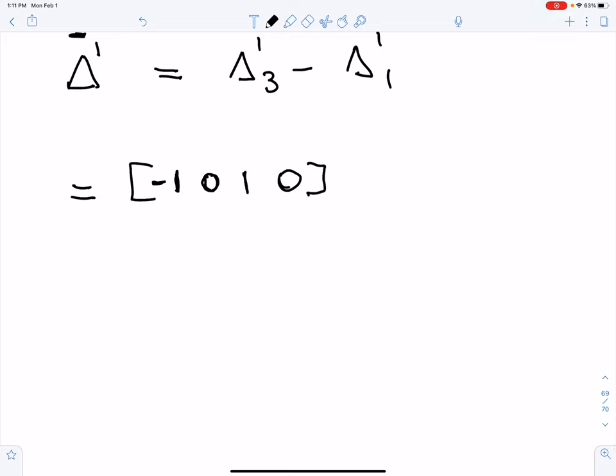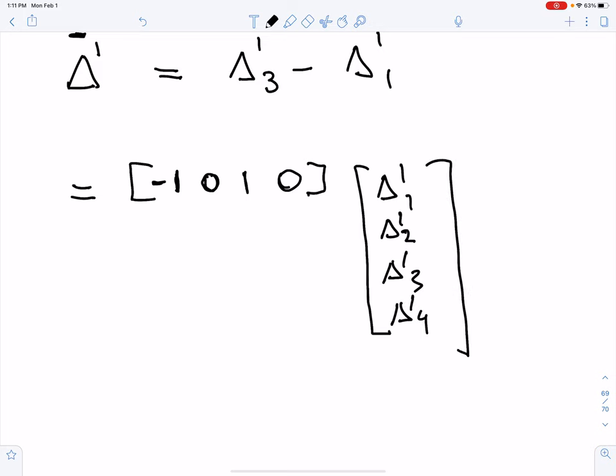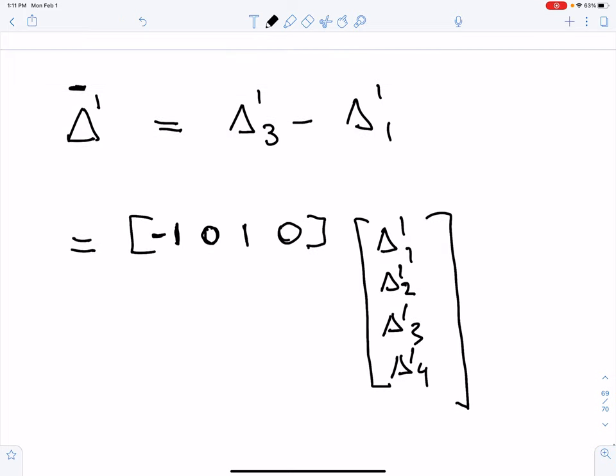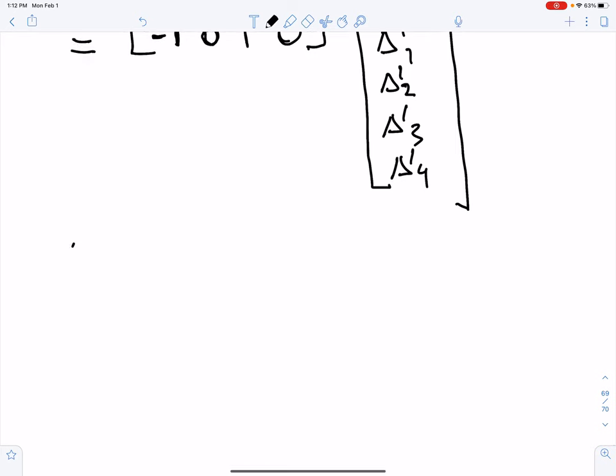And so that row vector multiplies the column vector of the prime displacements, delta prime 1, delta prime 2, delta prime 3, and delta prime 4. Okay. We can do it this way. And so now, although this is a scalar for the case of a truss, I'm still going to give it a number, 1, like this. Okay.